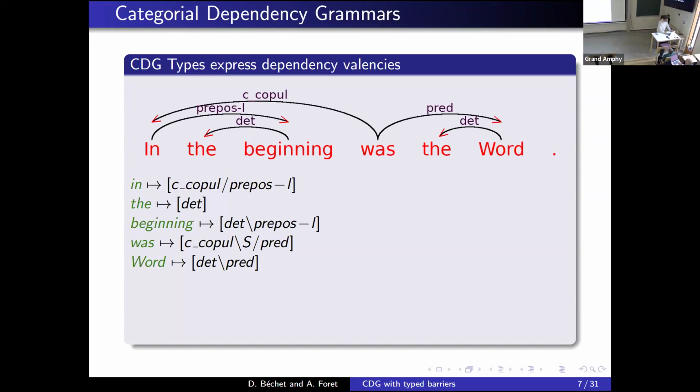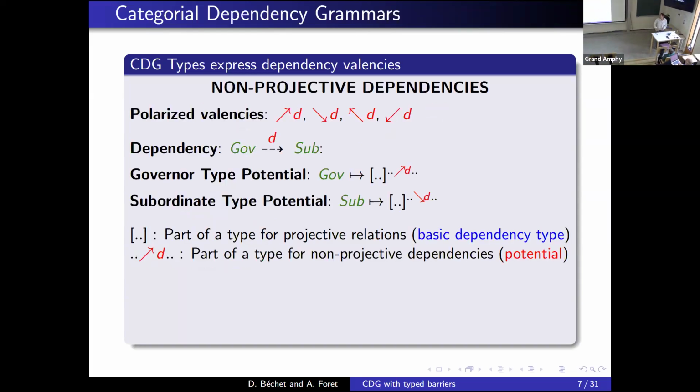correct sentences. For non-projective dependencies, the system is quite different. We only have, in fact, polarized valencies.